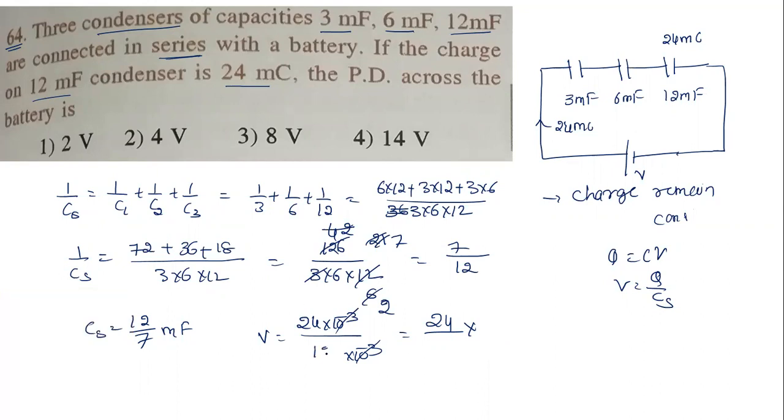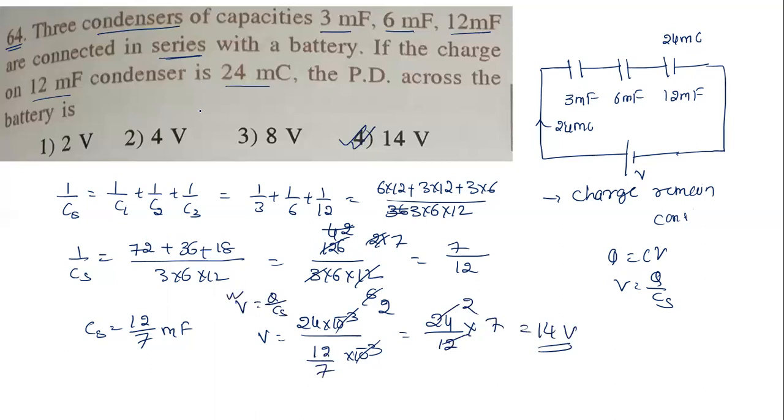It is 12 into 7, so it is 2 times. It will become 14 volt. So which option is correct? Fourth option is correct. This is from where we got the formula V equal to Q by CS. This formula.